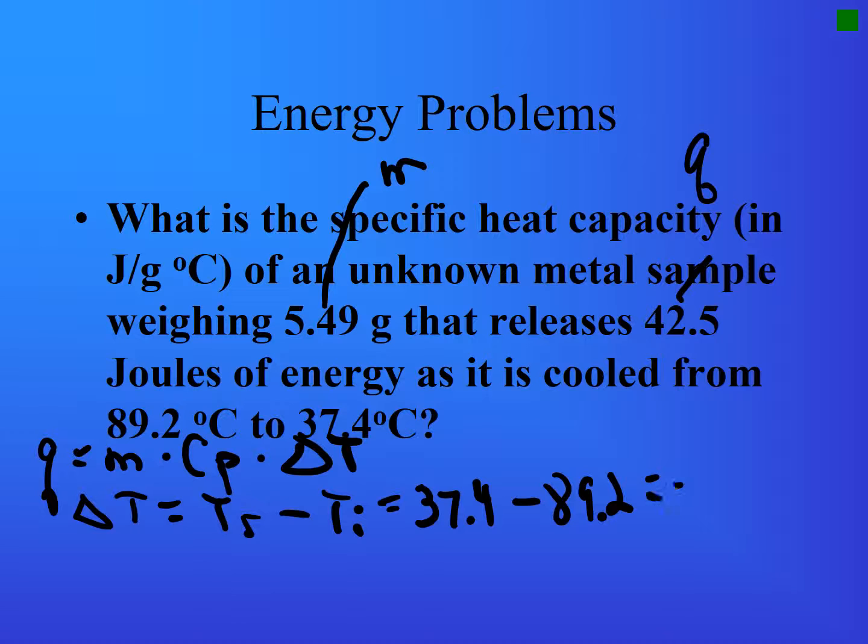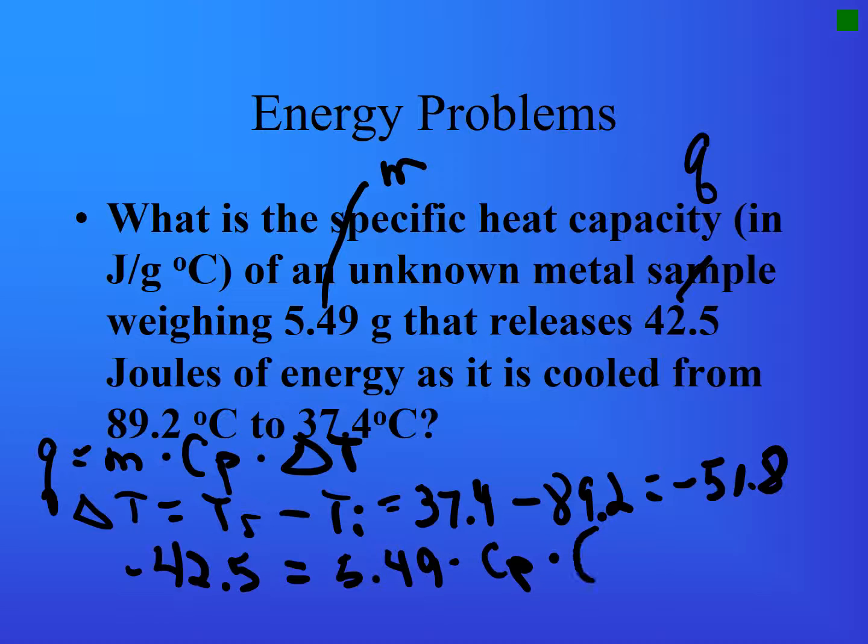That is negative 51.8. So we can plug it in: negative 42.5 equals 5.49 times Cp times negative 51.8.